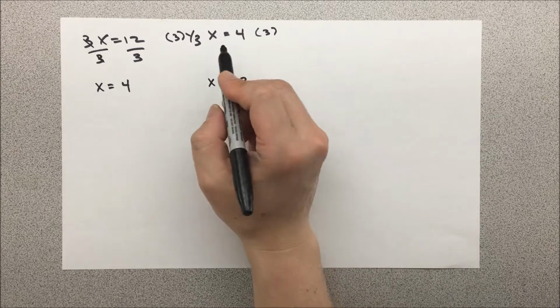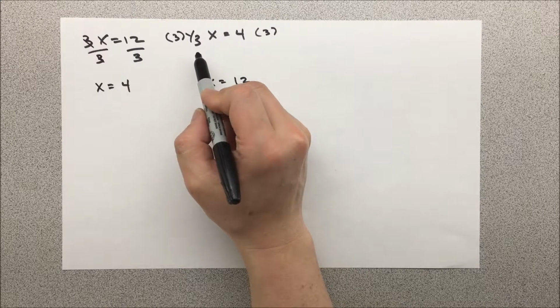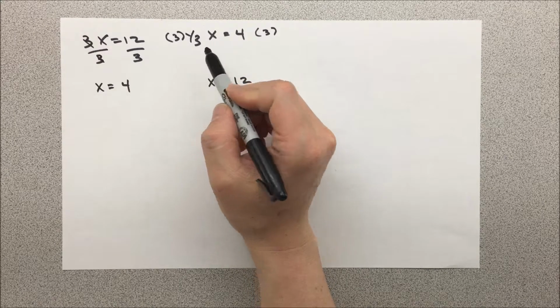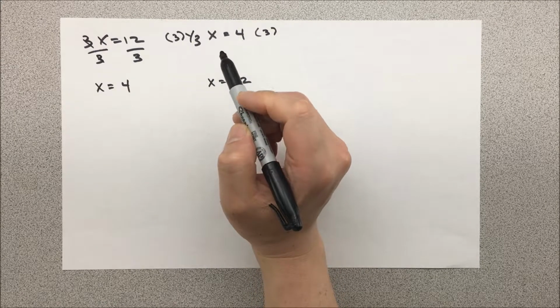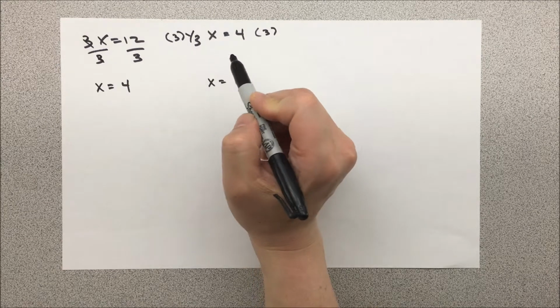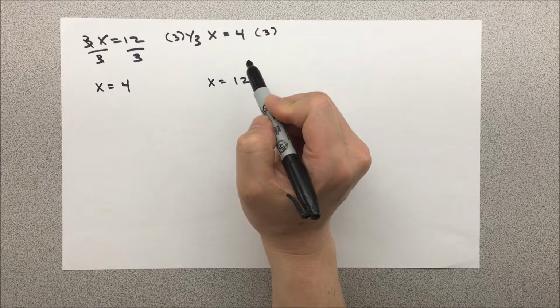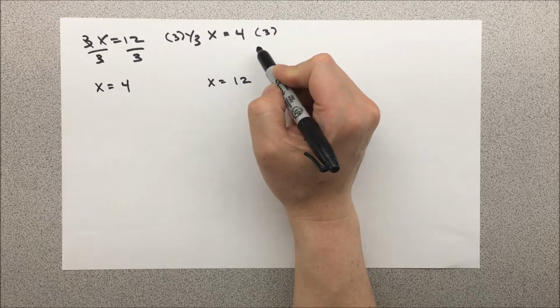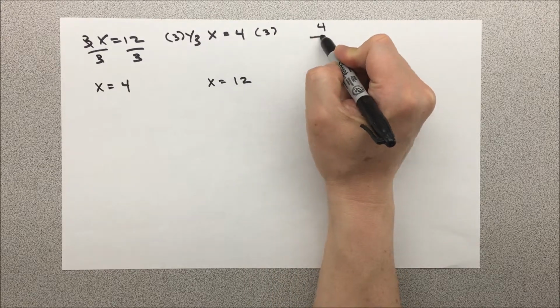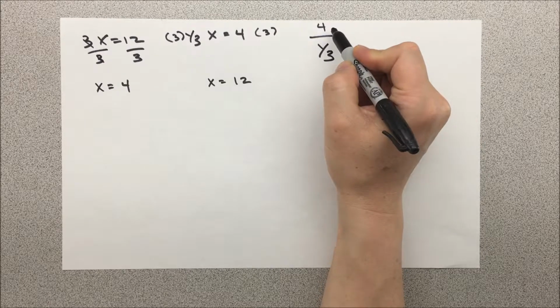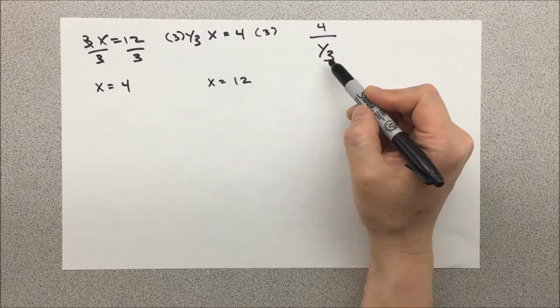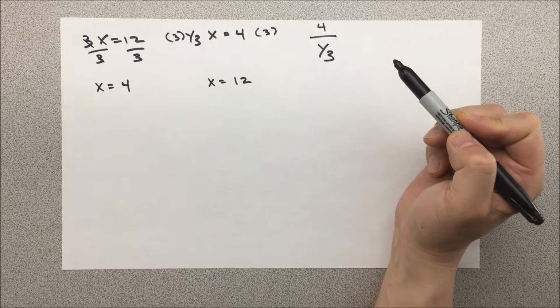What some students might try to do in this case is to divide both sides by 1/3, which is also correct. But having 1/3 over 1/3, maybe your child will understand that that equals 1. But 4 divided by 1/3 will look a little strange, because having a whole number over a fraction may confuse your child.